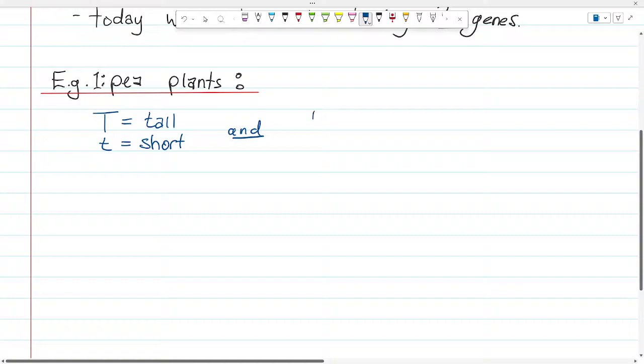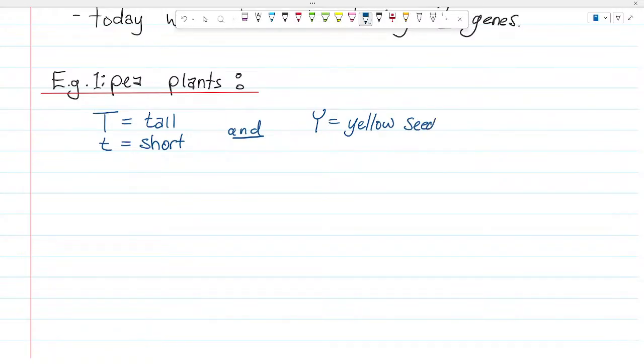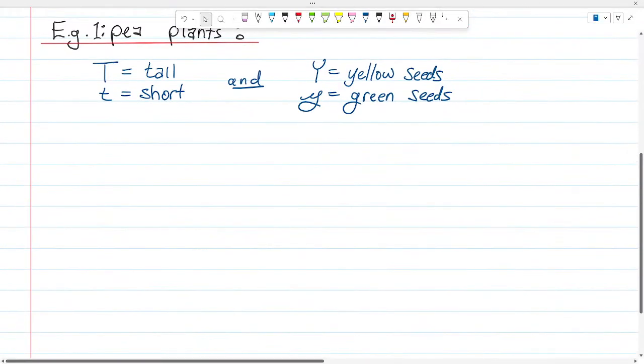And then if you recall also, we had the dominant trait of yellow seeds. Does anyone remember what the recessive trait was? Green. Yeah, good. So we've looked at these already. But now we're going to consider cases where we're tracking 2 genes at once. All right?